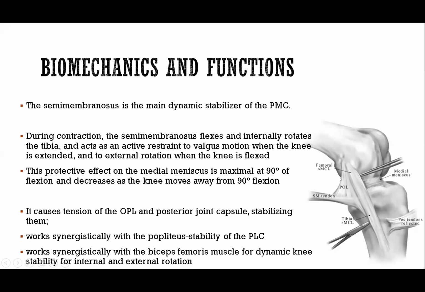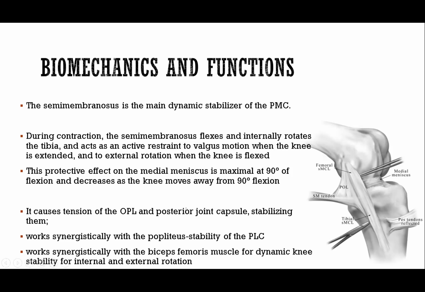This protective effect on the medial meniscus and the external rotation constraint is maximal at 90 degrees of flexion and decreases as the knee moves away from 90 degrees of flexion. The protective effect on the medial meniscus is described as the brake stop mechanism, which I will explain in the further slides.